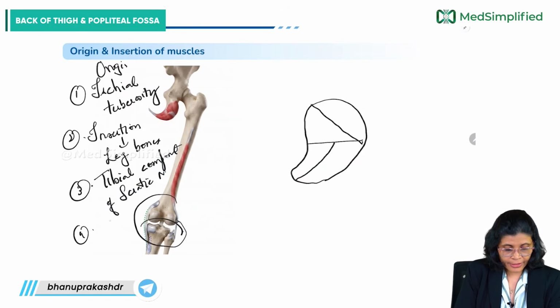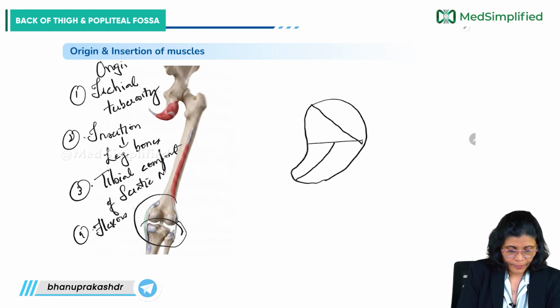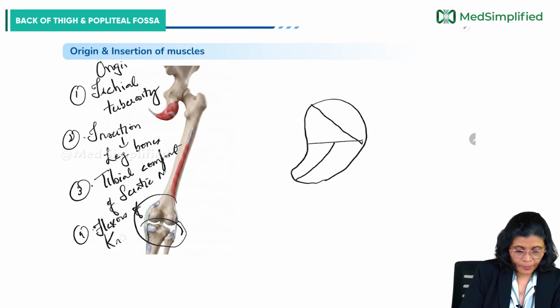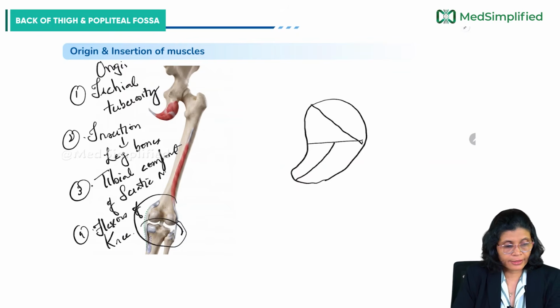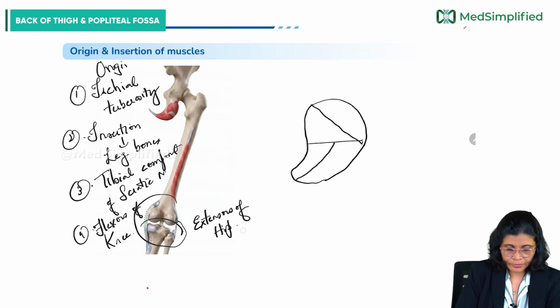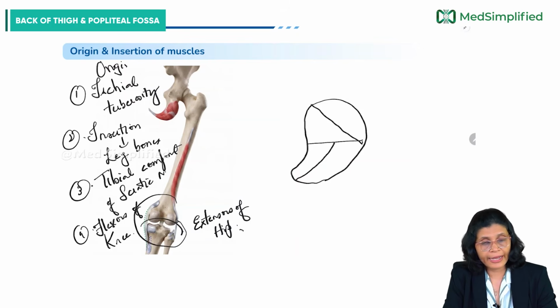And the fourth thing is they are all flexors of the knee and extensors of the hip joint. So that should be the action.